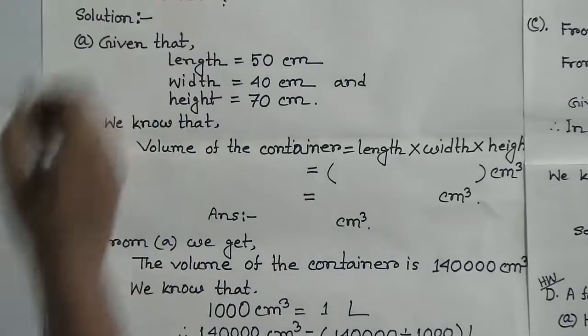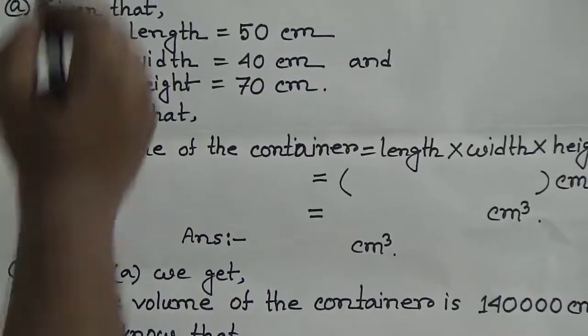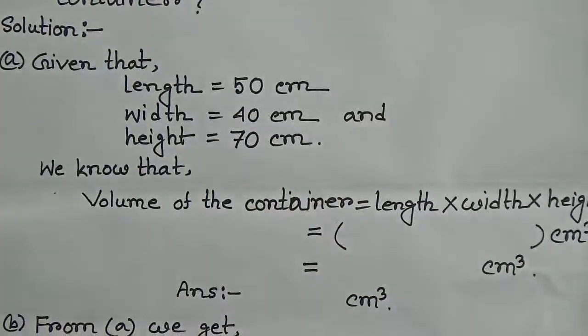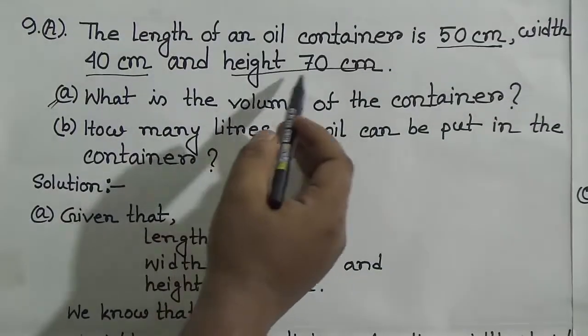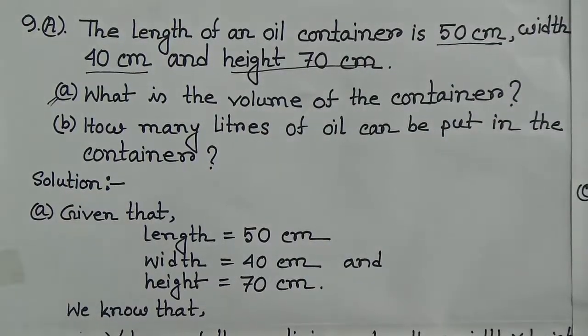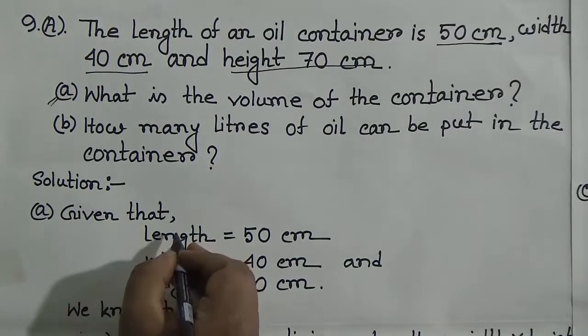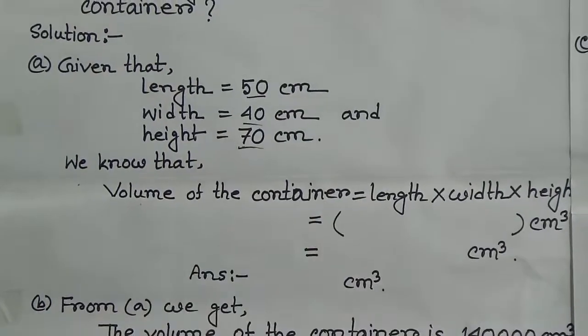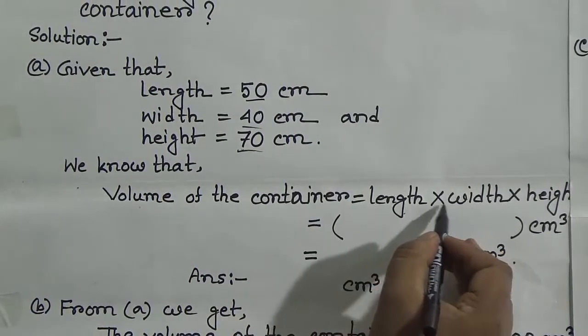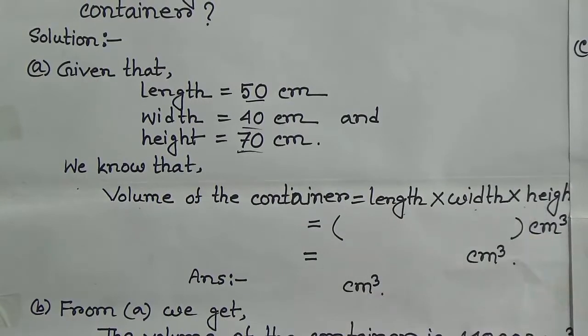So the stem gives you the information that length is 50 centimeter, width is 40 centimeter and height is 70 centimeter. So first of all you write: given that length is 50 centimeter, width is 40 centimeter and height is 70 centimeter. Now we know that the volume of the container equals length multiply width multiply height.